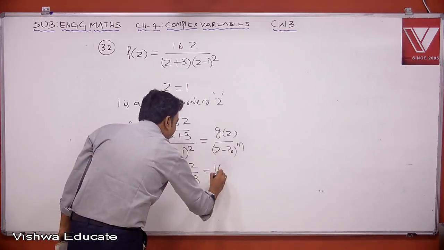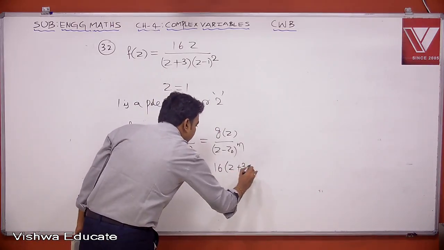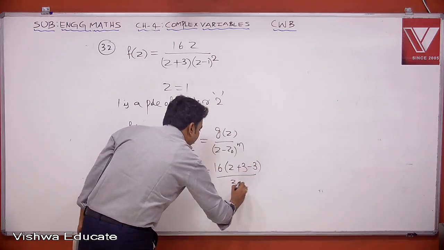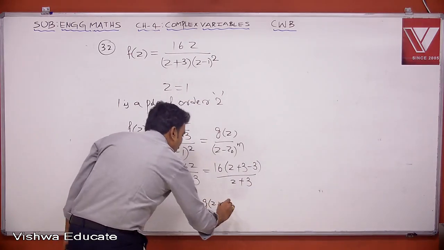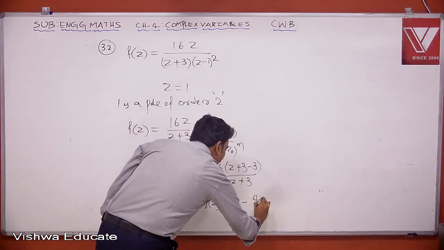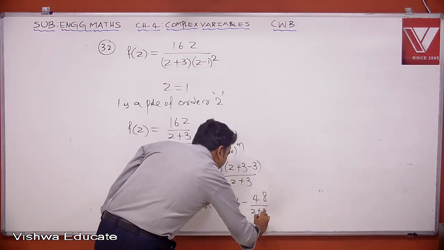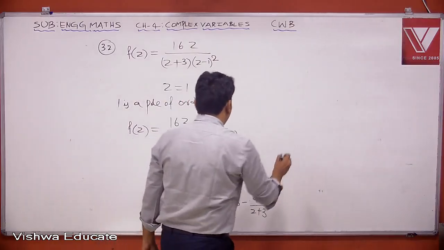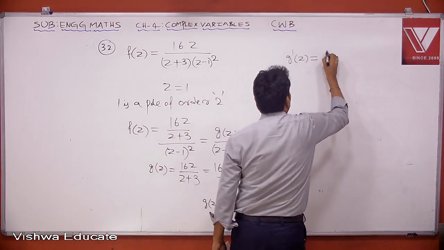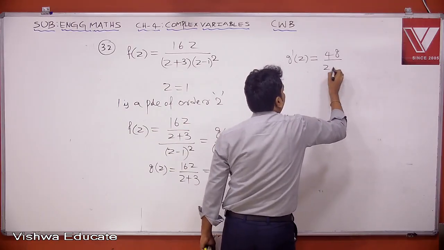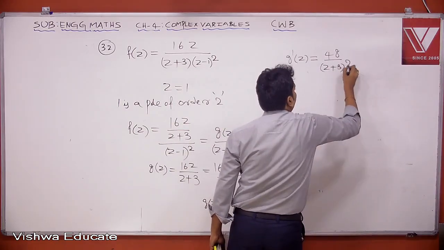This we can write it as 16 into z plus 3 minus 3 divided by z plus 3. Therefore, this g of z equal to 16 minus 48 divided by z plus 3. Therefore, the derivative is g dash of z equal to 48 divided by z plus 3 whole square.